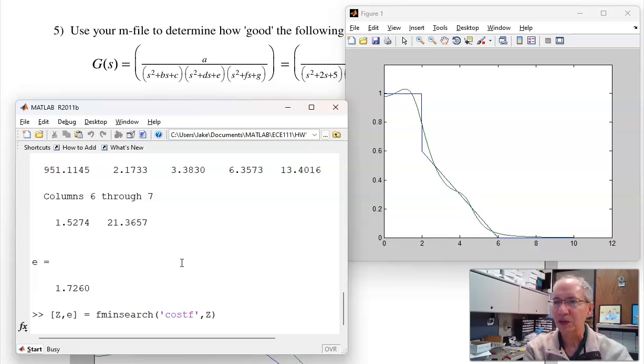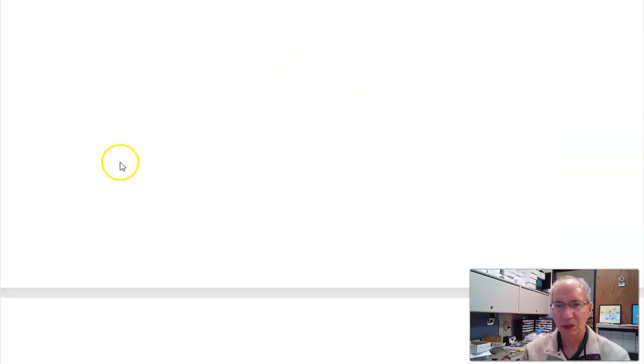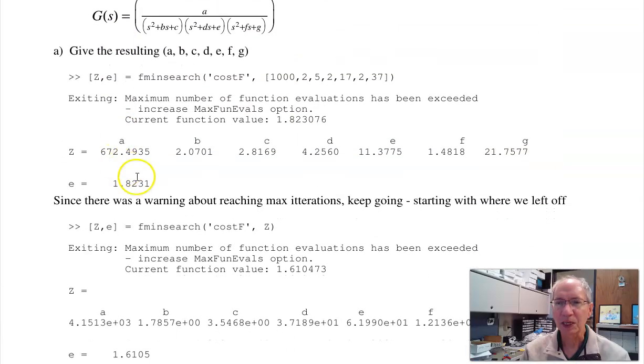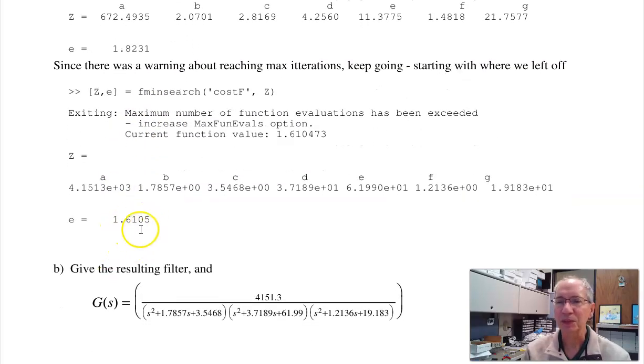So it's trying. And eventually it'll kick out. What I got was a cost of 1.82. Actually, I got 1.72 last time I tried it. 1.61. That's the best I could do.